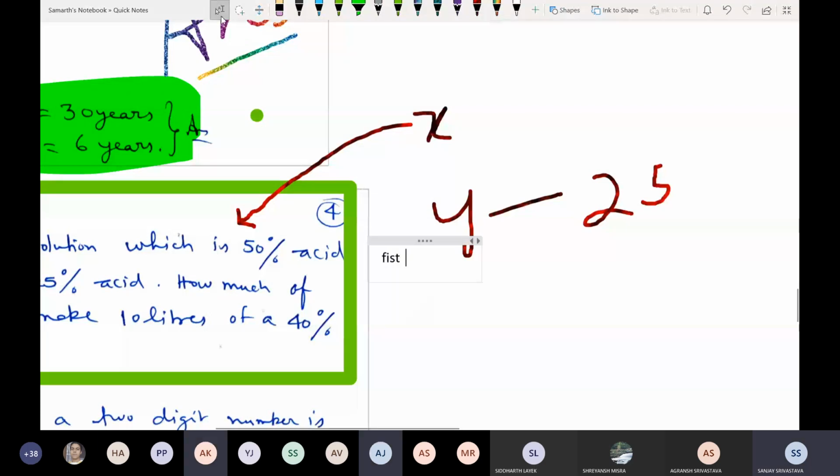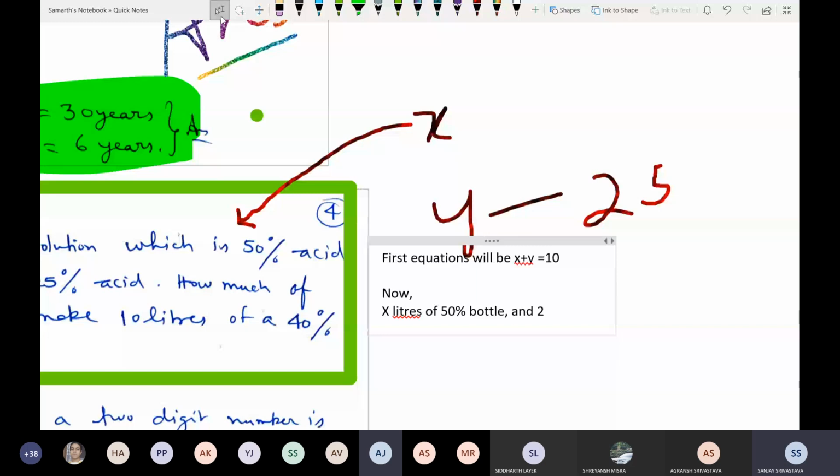Now, because your one is 50% acid, you have taken x liters of the 50% acidic bottle, that means 50% of x, and from the second one you have taken y liters, so 25% of y. You got the 10 liter solution which is 40% acid, that means 40% of 10.